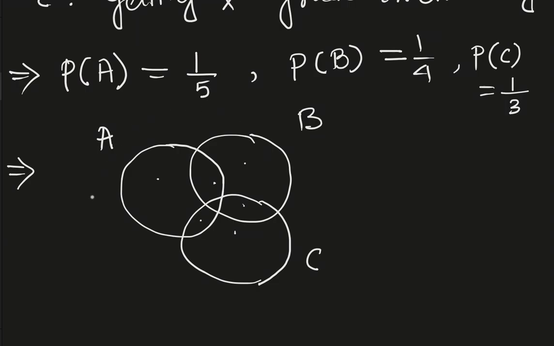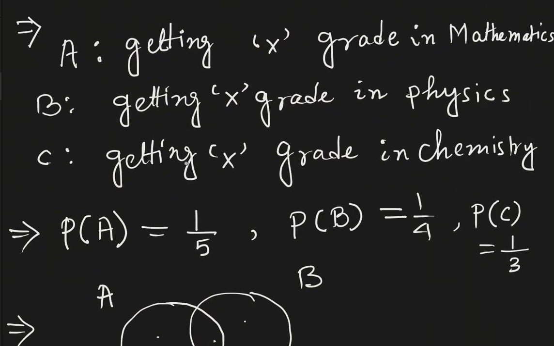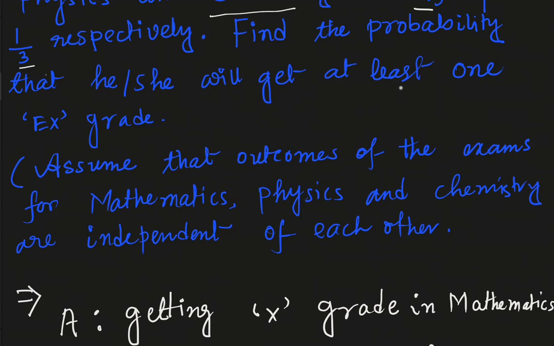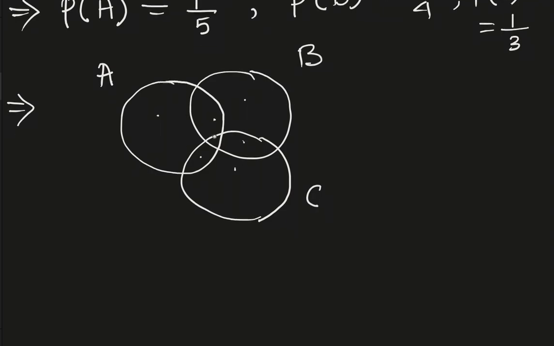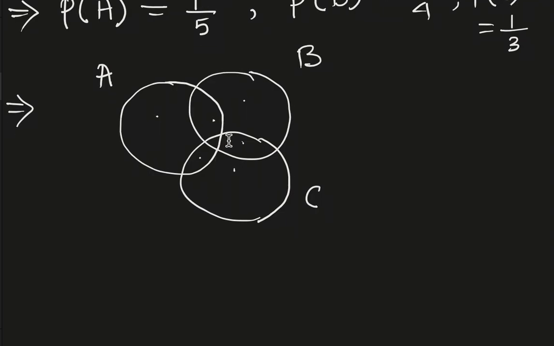So if I calculate the union of these 3 events, then we'll get the probability that in at least one subject that individual gets X. So we have to calculate P of A union B union C.